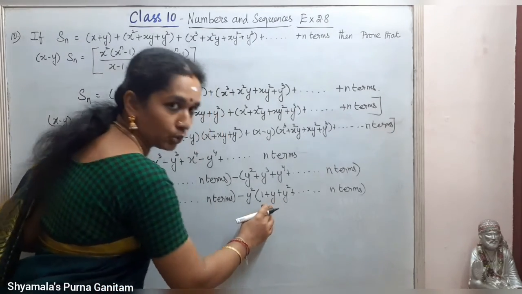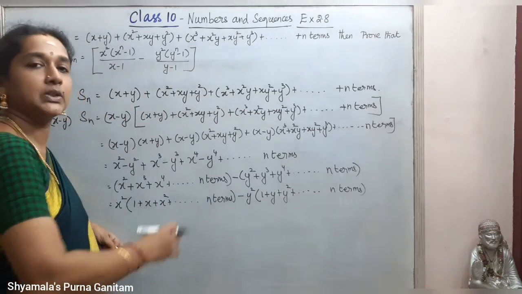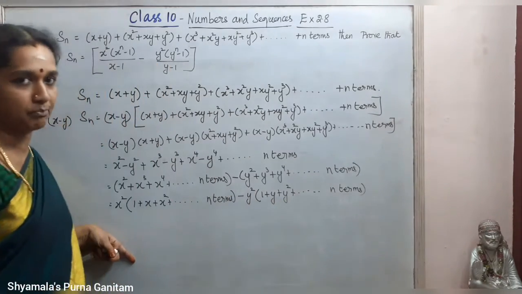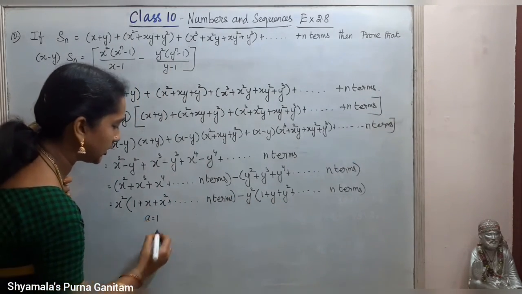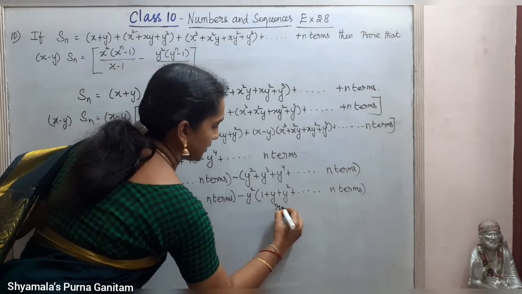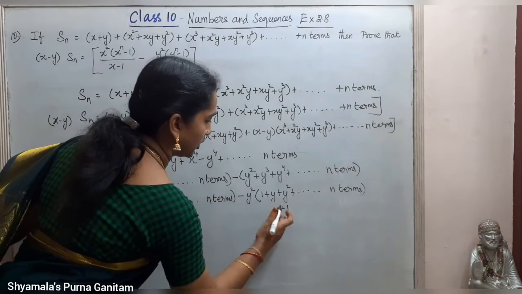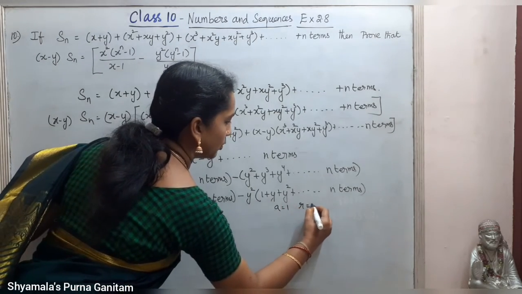T3 by T2 also I will get y. Here also the ratios are same, so this term also is in GP. So in this, A is equal to 1 and R is equal to x. For this term, A is equal to 1 and the ratio is y.